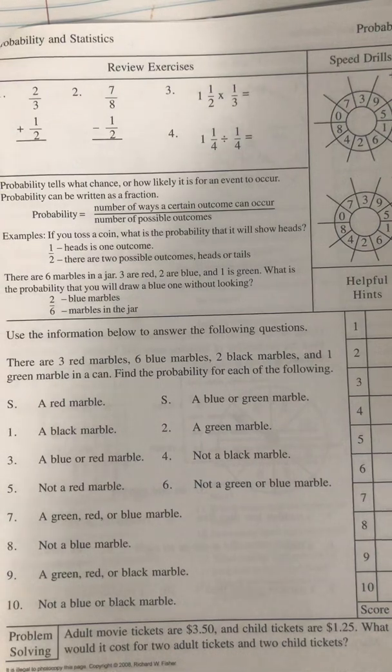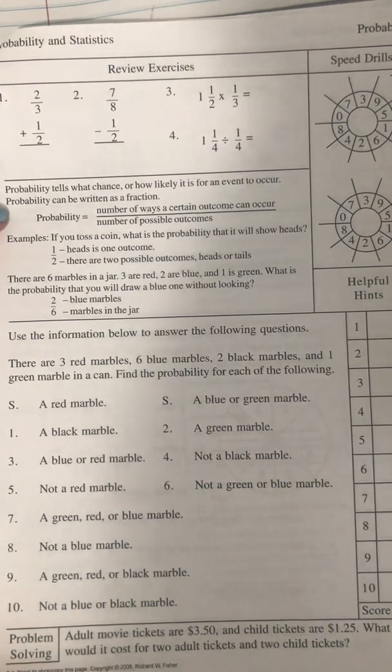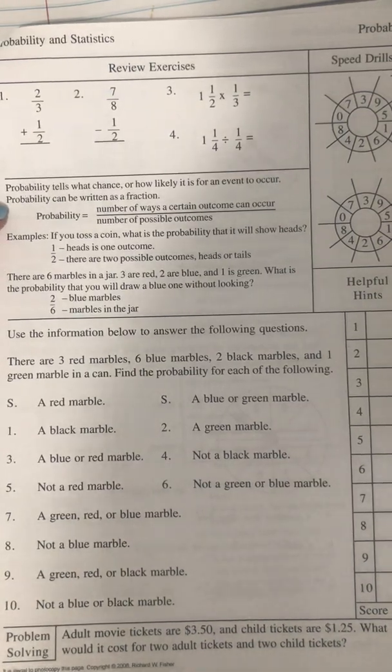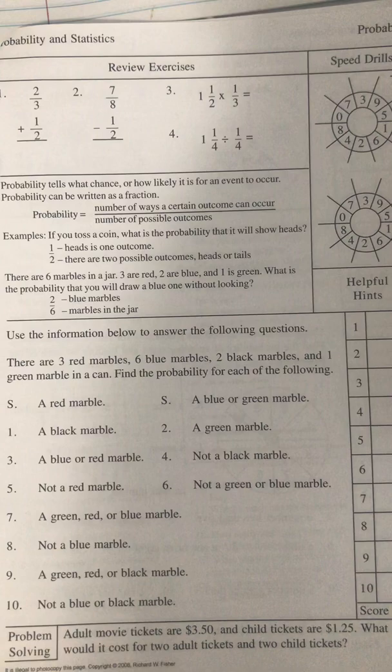So it says that probability tells what chance or how likely it is for an event to occur, and probability can be written as a fraction. I always like to tell my students, imagine rolling a die or two dice and think about the chances that you would roll a specific number.